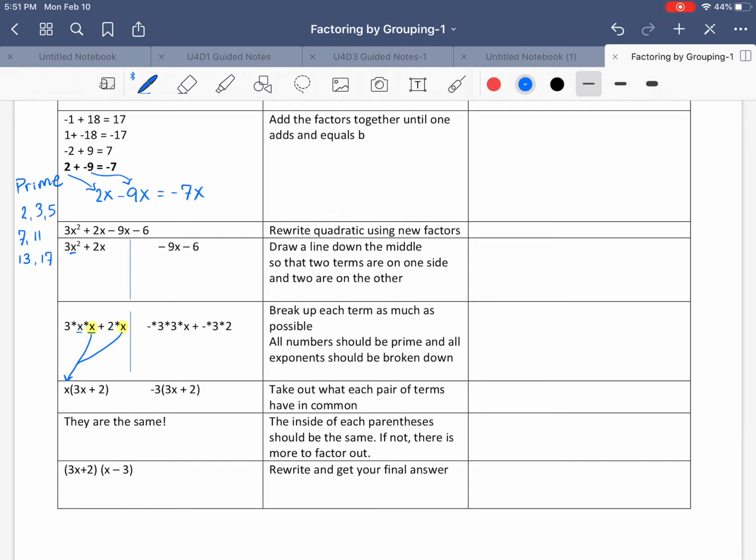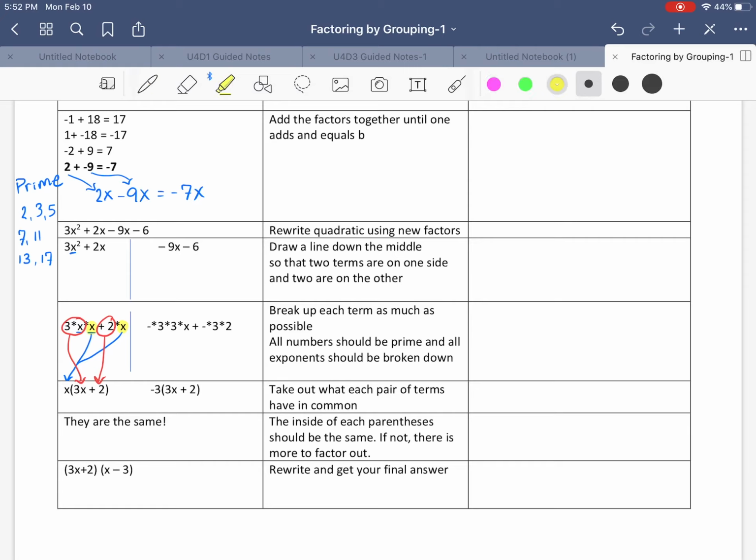See how only one of those x's? You pull out what's common from both of them, and then you add what's left together. 3 times x goes right here, and then the 2 comes right down here. So the ones they have in common, you pull out, and then what's left over gets left inside.